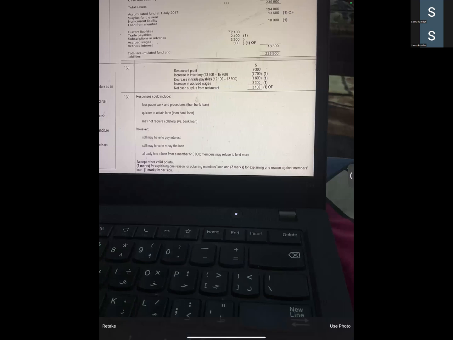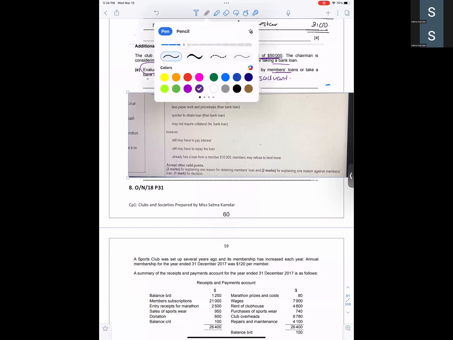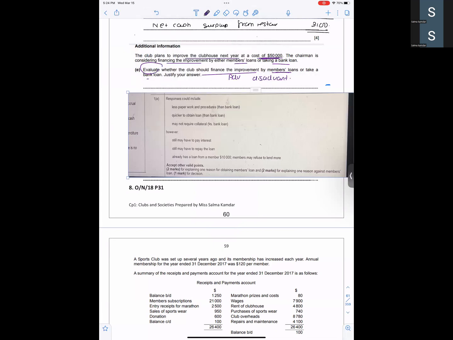If I take a bank loan, what will happen? I will have to give a lot of paperwork. But if I take a member's loan, the paperwork would reduce. Members' loan is quicker to obtain. Bank loan is difficult to obtain.